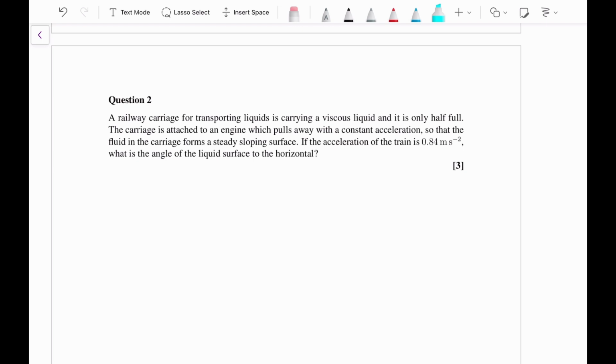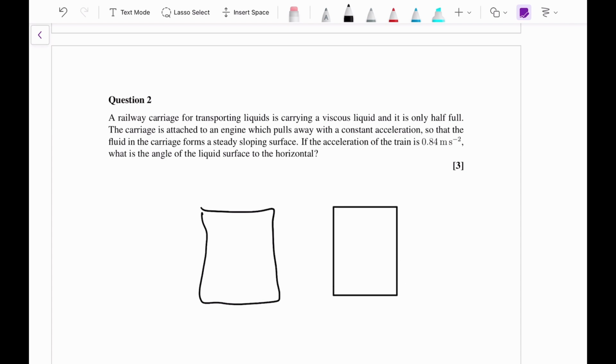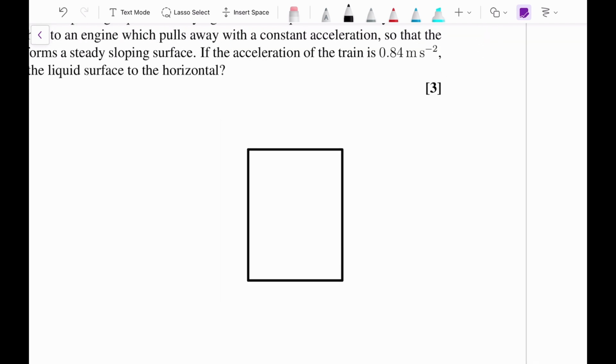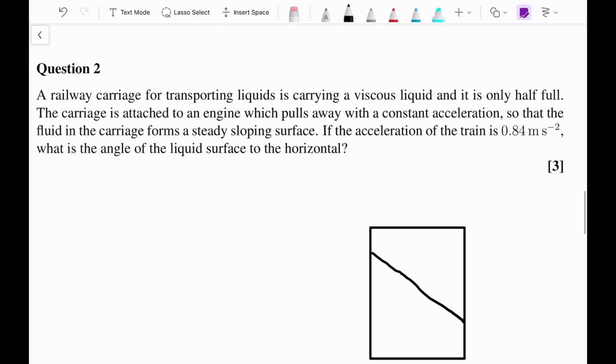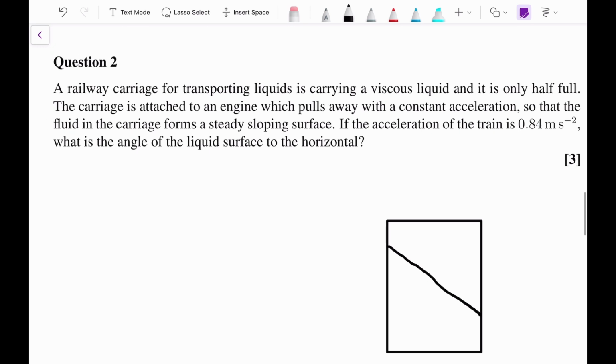What we can do first is visualize the system, so let me draw a diagram. Okay, a square. It says it's half full and then it forms a sloping surface, with constant acceleration as it pulls away.